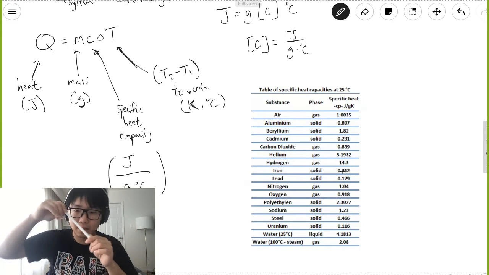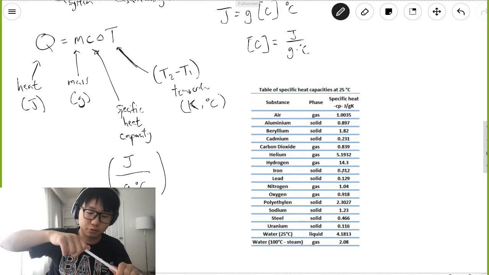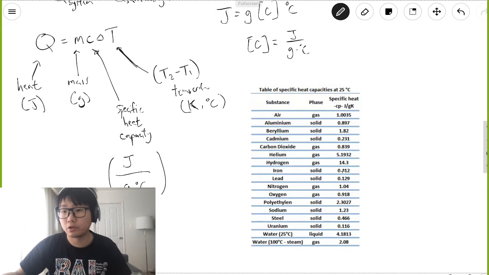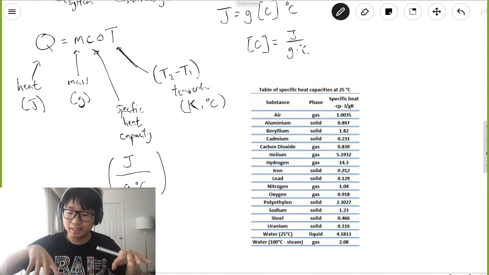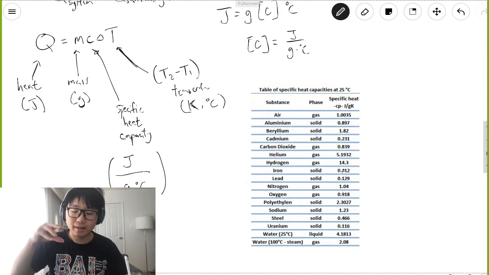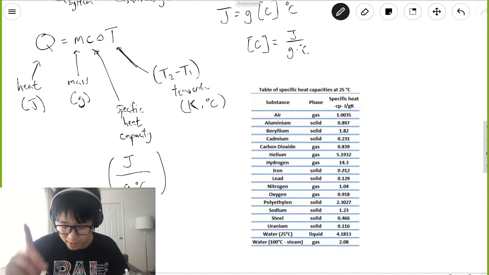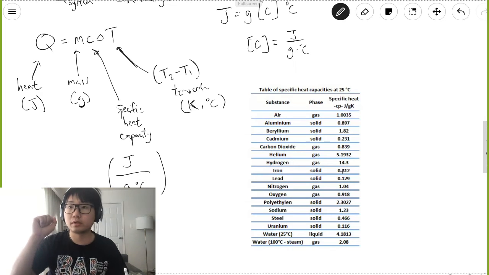This metal spoon, you can feel it transfers heat very well. Why? Because it has a very low specific heat capacity, meaning it takes less energy to raise 1 gram of that substance by 1 degree Celsius. That's something that's easy to conduct heat.